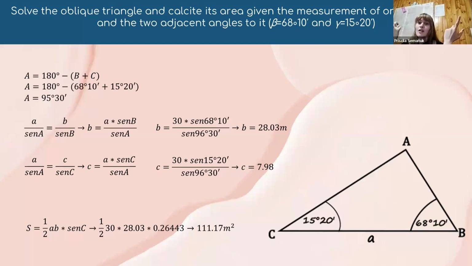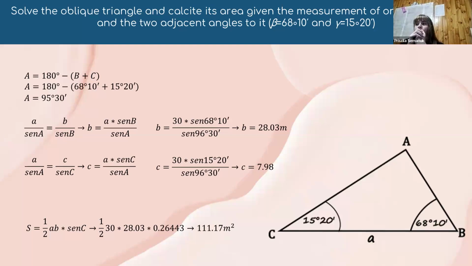Okay, so going back, we have an oblique triangle. Solve the oblique triangle and calculate its area given the measurement of one side, a equals 30 meters, and the two adjacent angles, beta equals 68 degrees 10 minutes and gamma equals 15 degrees 20 minutes.